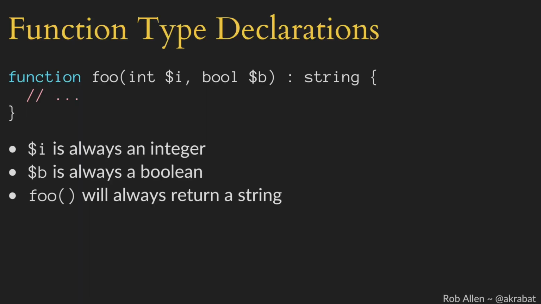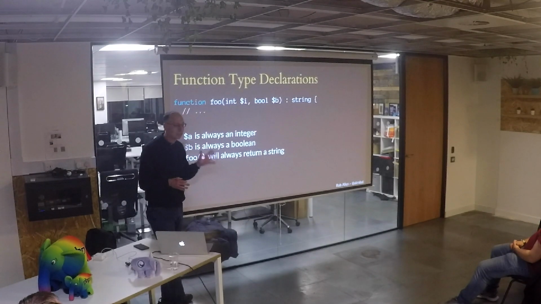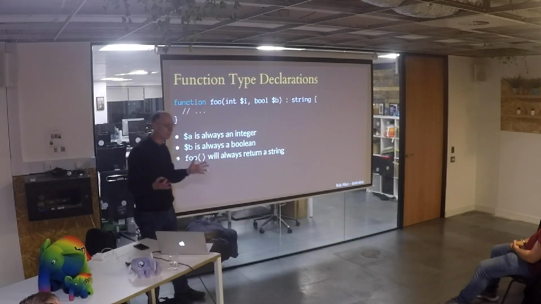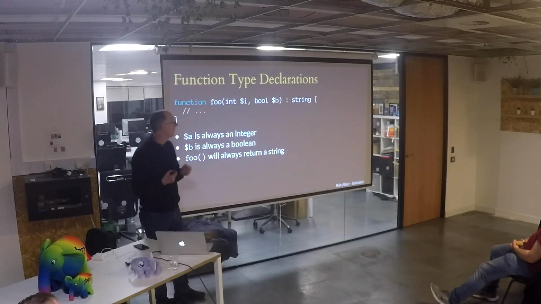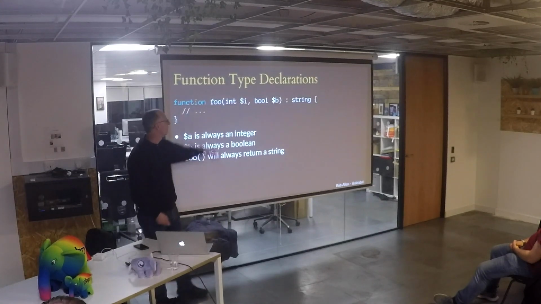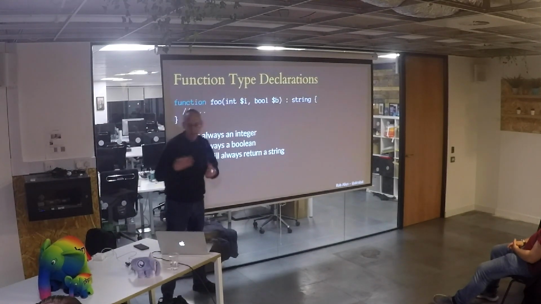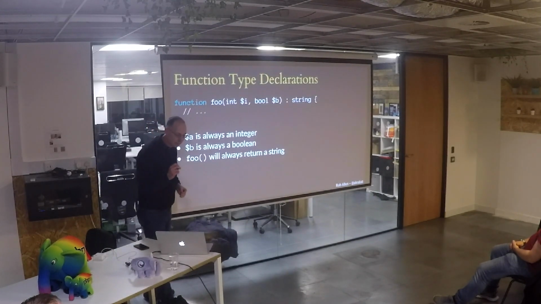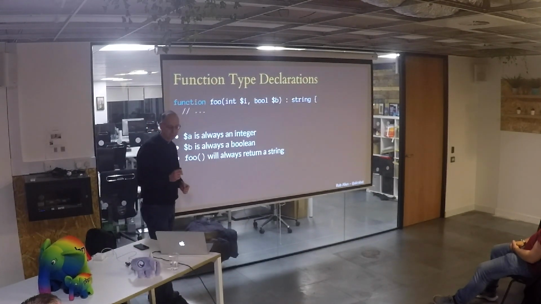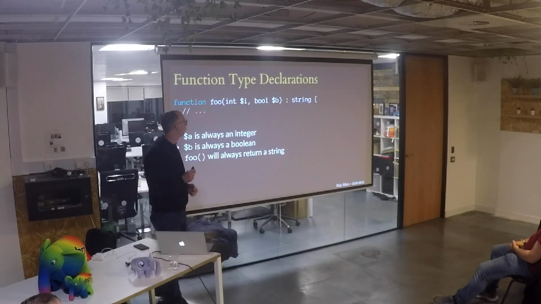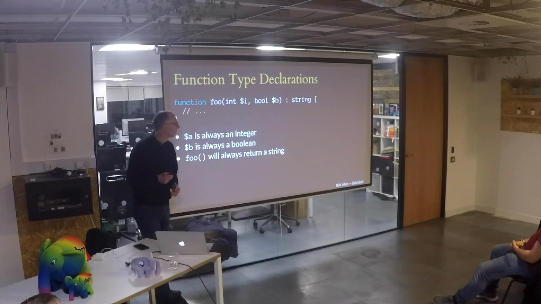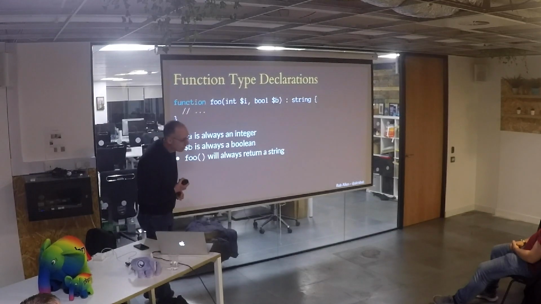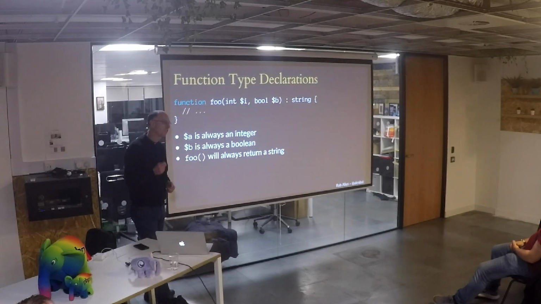We do this through function type declarations. Now you've probably come across these because it's been around since PHP 7. PHP 5 for classes, PHP 7 for everything else. We can simply pass in the type int and the type bool, and we've now specified and can guarantee at the engine level that A will always be an integer, B will always be a boolean, and this function will always return a string.